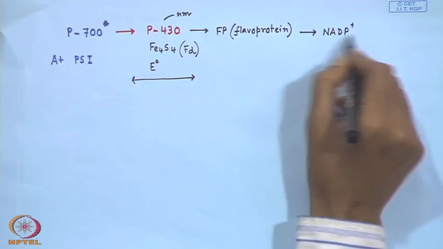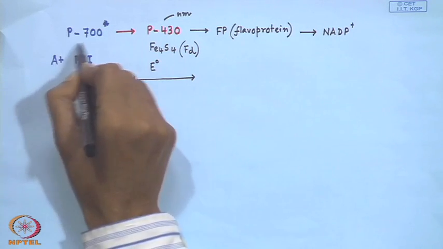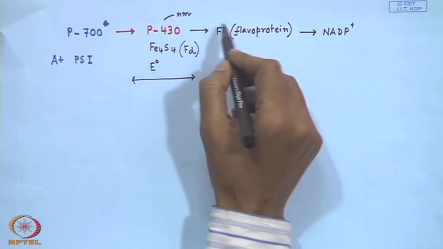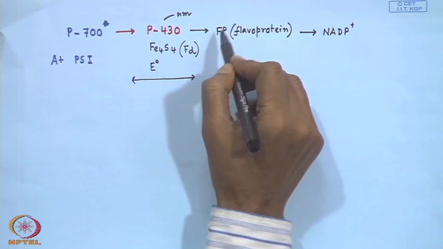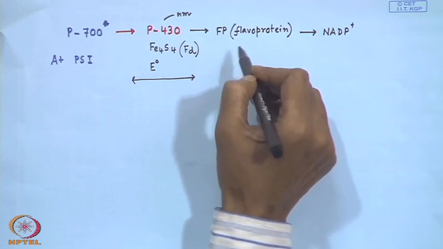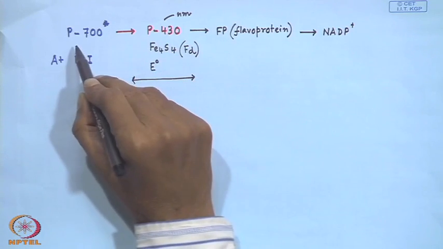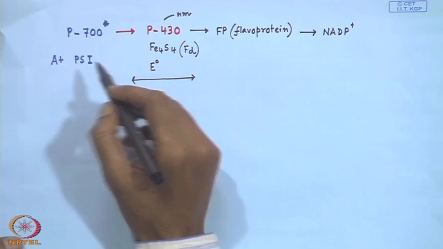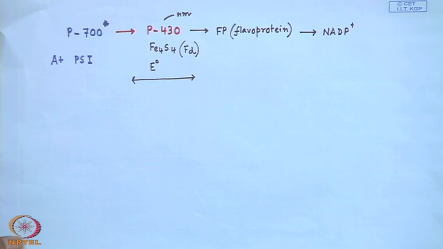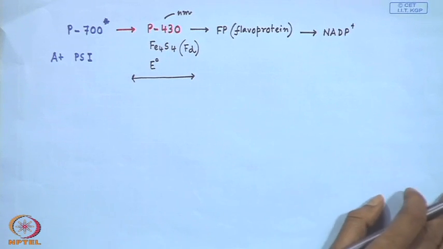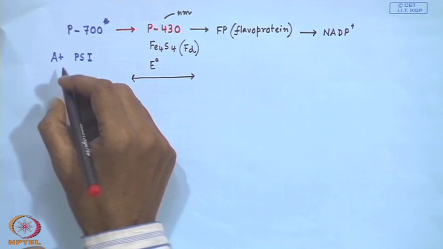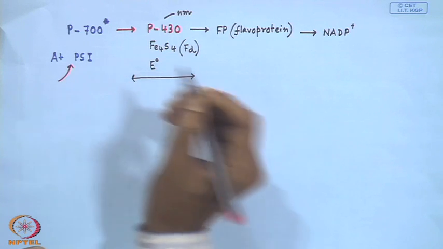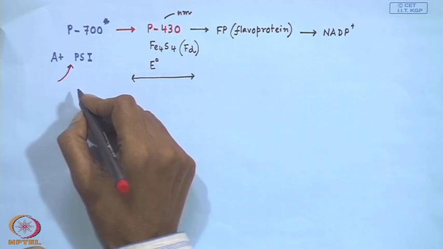So, it has one particular redox potential value, and this one also has a redox potential value, and between these two we have the intermediate redox mediators, which can couple P700 star to NADP plus. And at this point when you have PS1, we studied this also in our previous 2-3 classes.